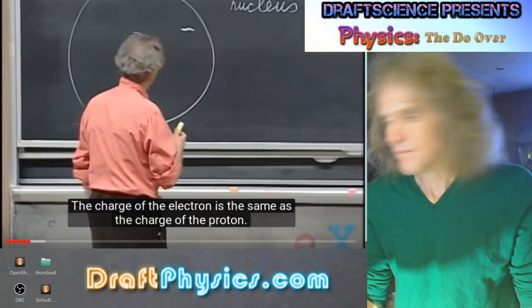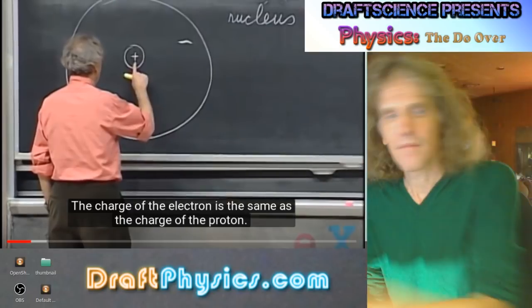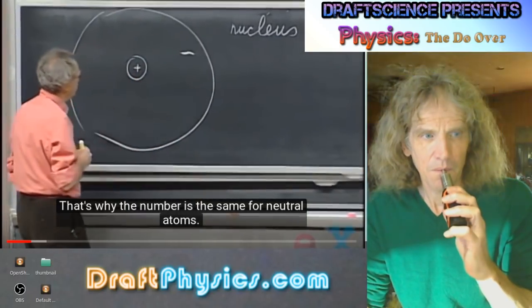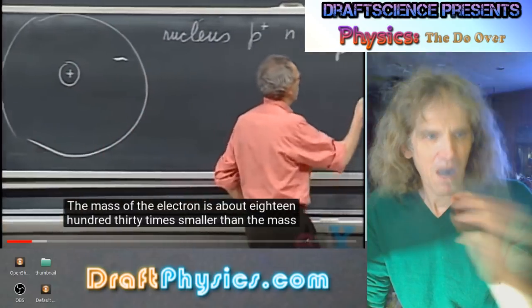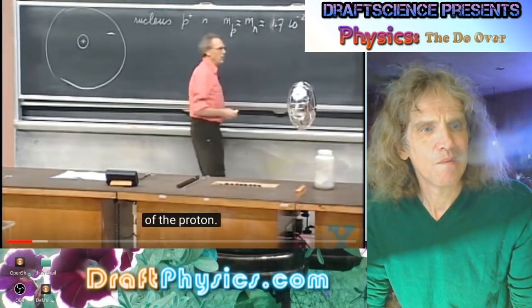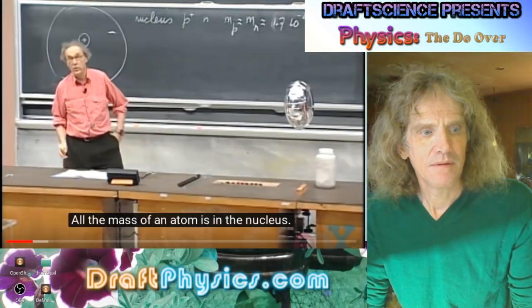The charge of the electron is the same as the charge of the proton. That's why the number is the same for neutral atoms. The mass of the electron is about 1830 times smaller than the mass of the proton. It's therefore negligibly small in most cases. All the mass of an atom is in the nucleus.